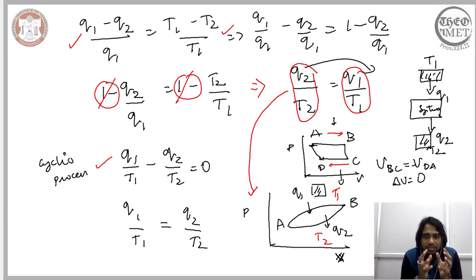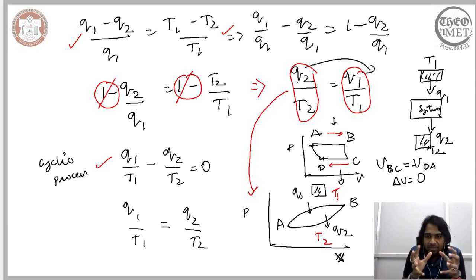What this relation helps us understand is that when this equivalency is satisfied, we have a change in the state of the system that is both cyclic and also reversible.